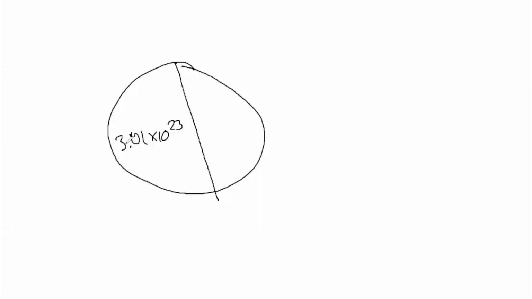If we were to cut this in half again, now within this quarter right here, we would have half of 3.01, which would be about 1.5 times 10 to the 23rd.